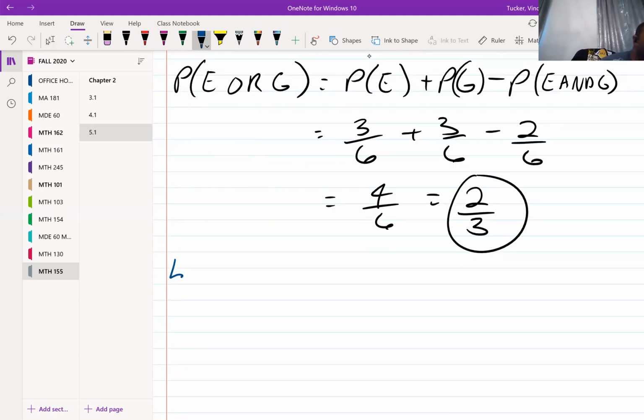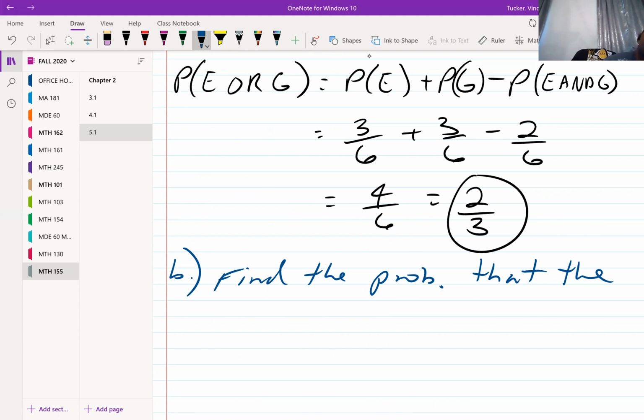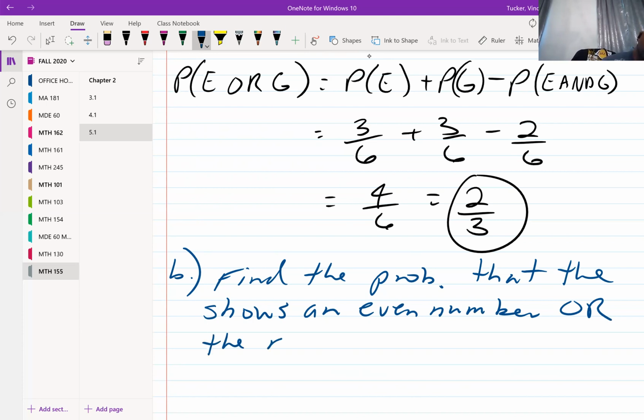So this last one, we find the probability. All right, so find the probability that the, should have said die, right?